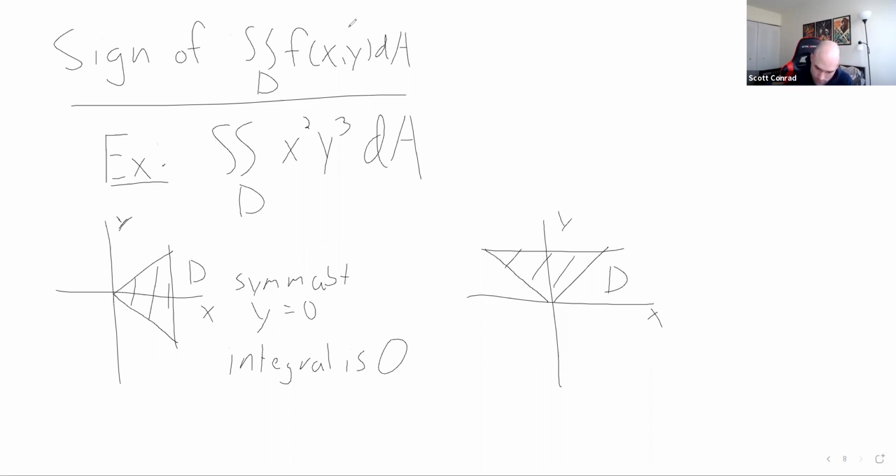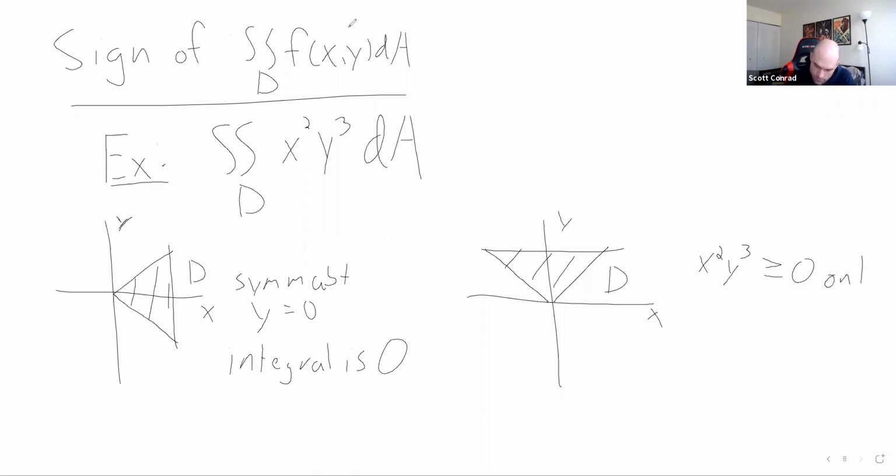Well, notice x squared is always going to be positive, right? No matter where you are, because you square something, it's always greater than or equal to 0. y cubed is always going to be positive in the upper half plane, right? So where y is positive, y cubed is positive.